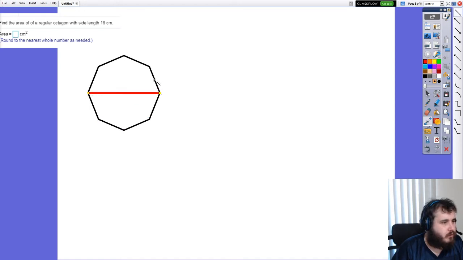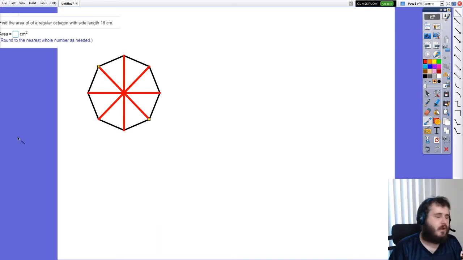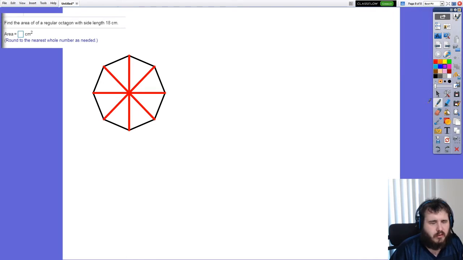So here's my octagon, and I've cut it into the triangles. What we need to do first is get this middle angle, because we're going to have to use the 1/2 AB sine x formula to find the triangle.